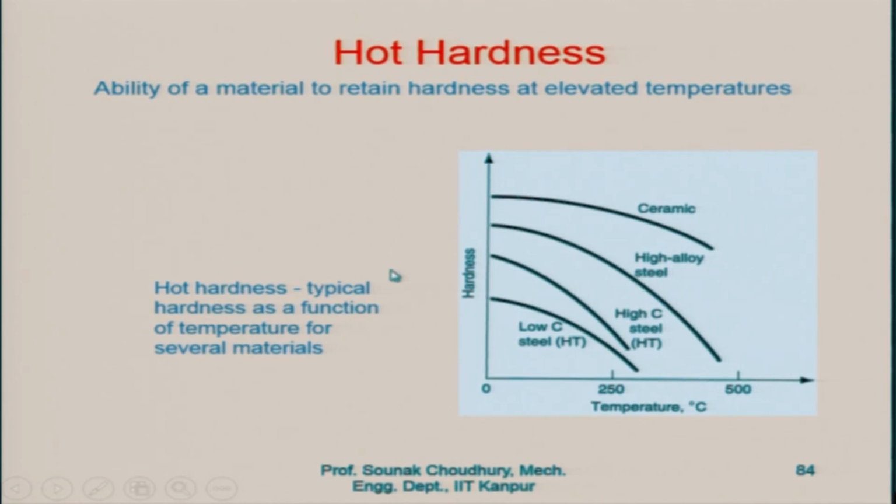So, at high speed, for example, the cutting tool is made of ceramic material, because when the cutting speed is very high, the temperature becomes very high, and at that temperature the hardness of the tool material should not fall. Okay. So, hot hardness has to be high. Here you can see that for ceramic at 500 even the hardness is quite high. So, the hot hardness of ceramic is higher.